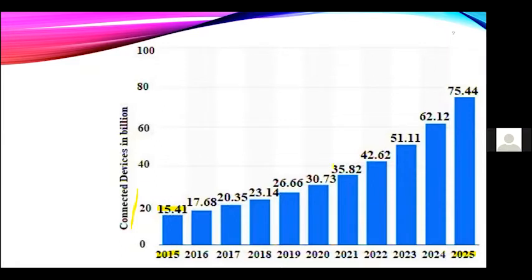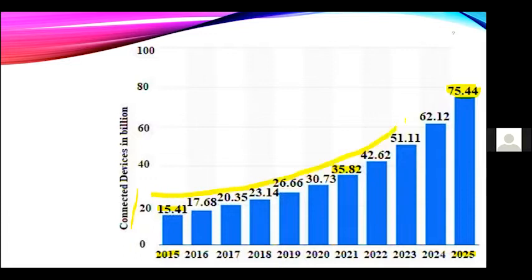It has increased to 35.82 billion devices in 2021, and it is expected to rise to 75.44 billion in 2025. So we can monitor the graph.